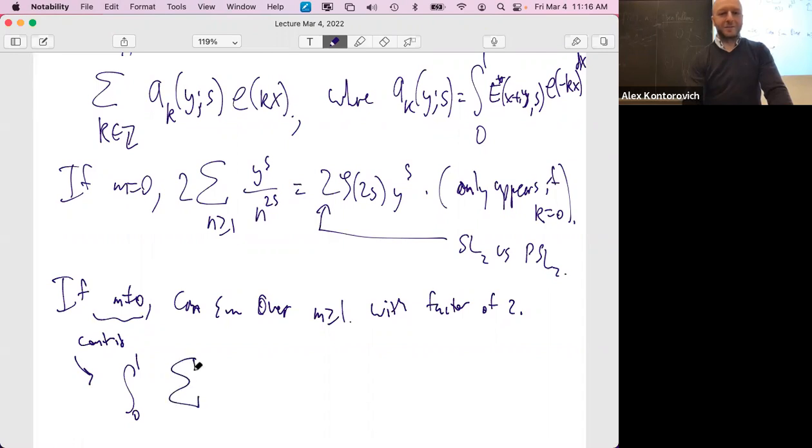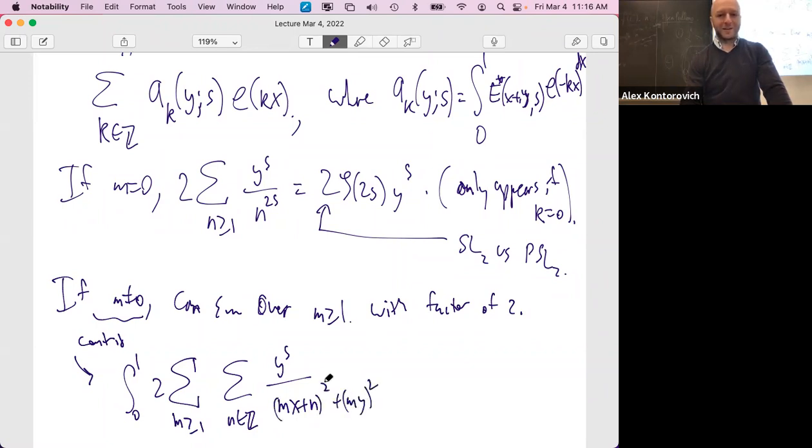This contribution to E star is a sum over m bigger than 0, with a factor of 2, and then a sum over all n and z, of y to the s over the quantity (cz plus n) squared plus (mx plus n) squared plus m squared y squared, to the s.